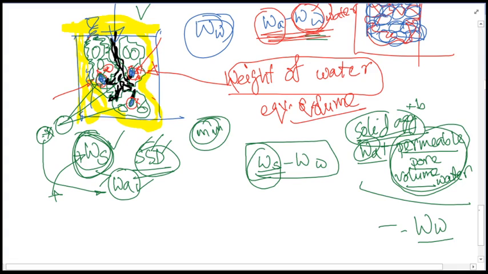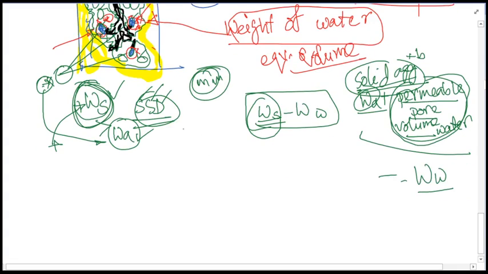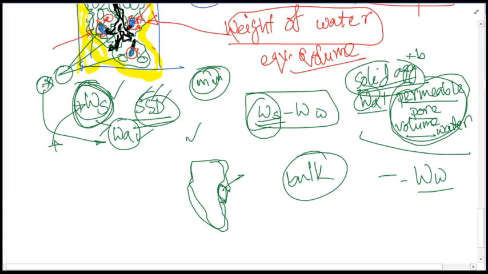So we are considering that, although these aggregates have some permeable pores, and although this is the solid portion weight we are taking, and this is the air weight, in the case of bulk specific gravity we are assuming as if this void is also included as volume in this solid portion, although it actually is not.